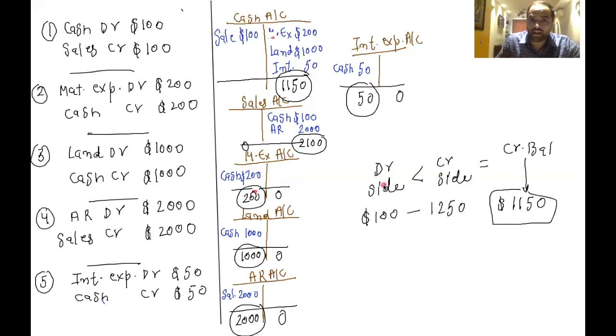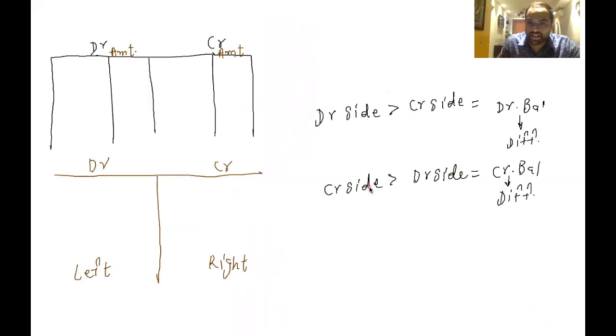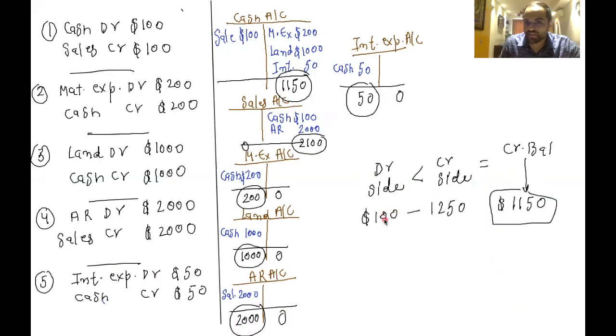So you find how much is the debit side balance, how much is the credit side balance. If your credit side is more than debit side, your balance will be a credit balance. How much is the difference? Debit side is 100, credit side is 1250. So 1150 is a credit balance. So cash account, credit balance 1150.